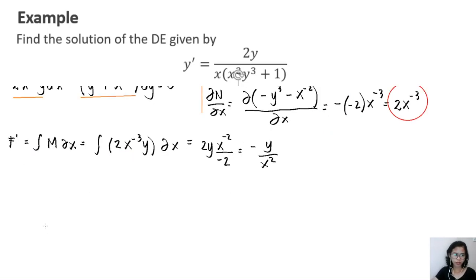So for f double prime, f double prime will be equal to the integral of your N. Since N is with dy, when you differentiate with respect to x, but when you integrate, that would be with respect to y. And that would be equal to negative y cubed plus x to the negative 2 with respect to y.